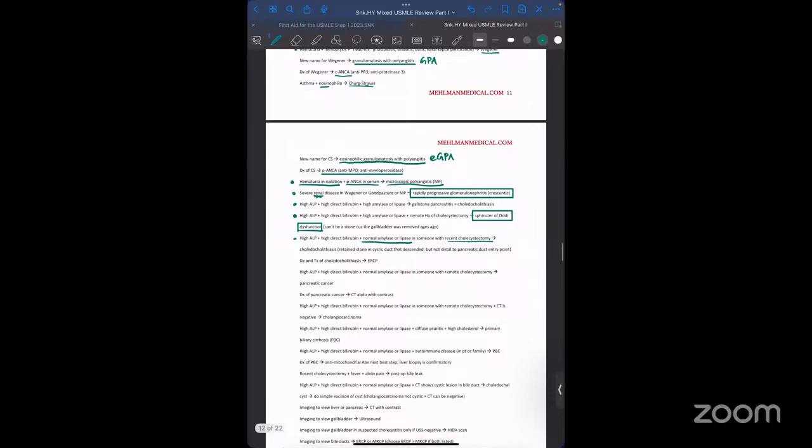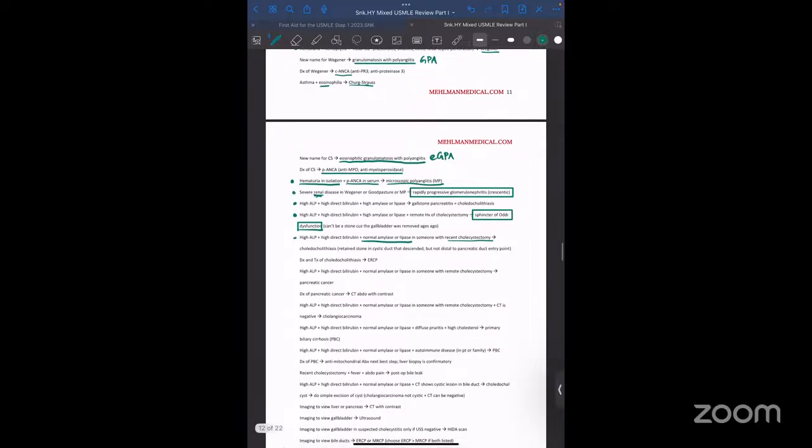Plus normal amylase or lipase in someone with a recent cholecystectomy is choledocholithiasis. The stone is stuck in the duct, not distal to the pancreatic duct. Okay. Diagnosis and treatment of choledocholithiasis is ERCP.